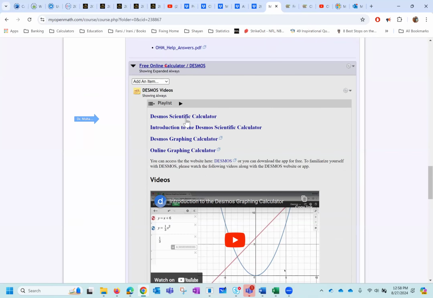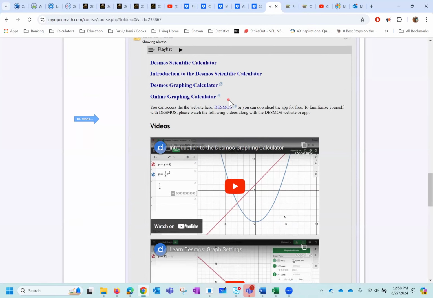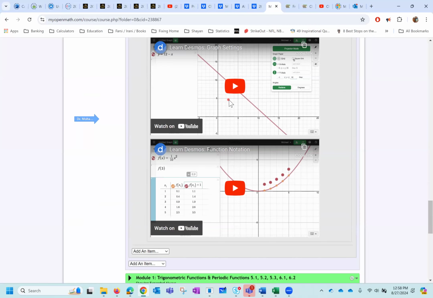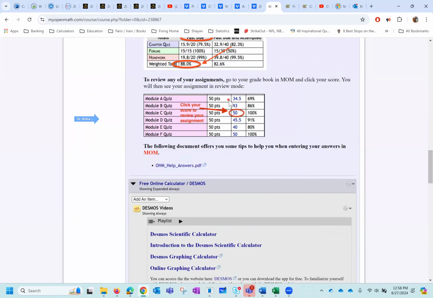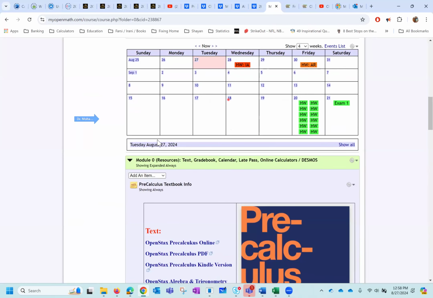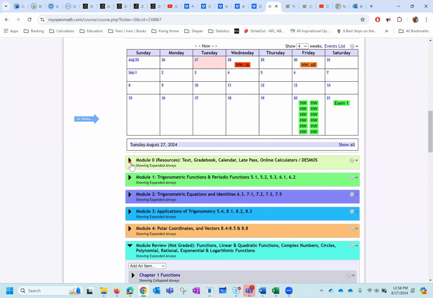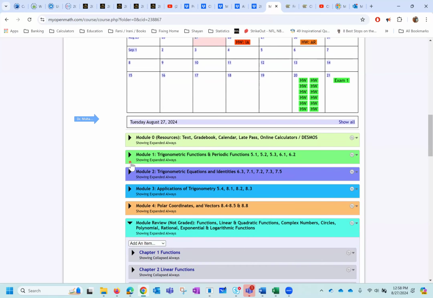Free online calculators, everybody, free online calculators. Videos as to how to use them. And I expanded it. Let me minimize that. So what is module 0? Resources. Please take a look at them at least once. If you want to use any of those calculators, get familiar with that.